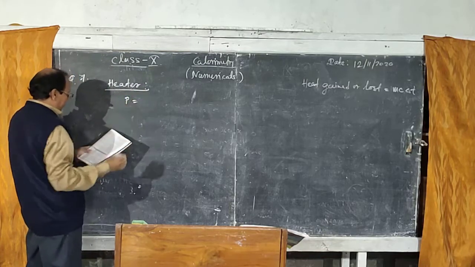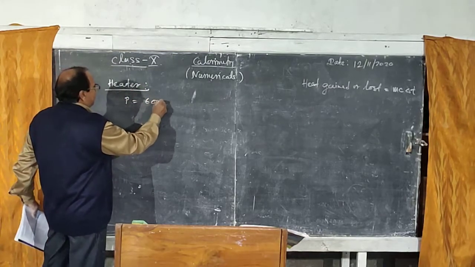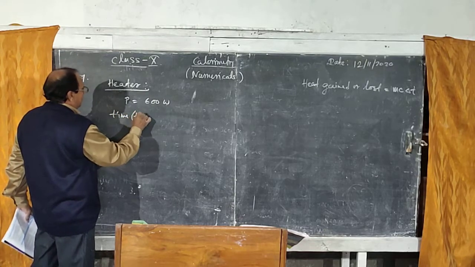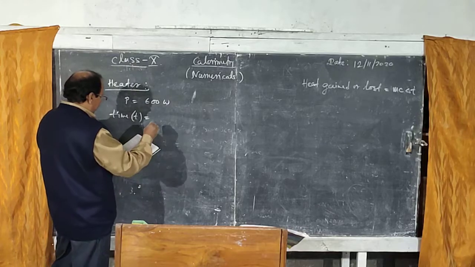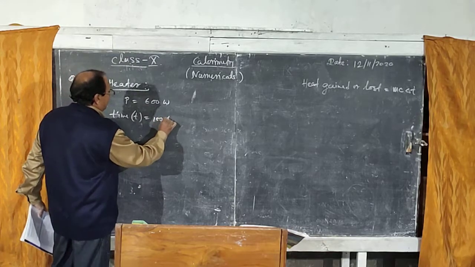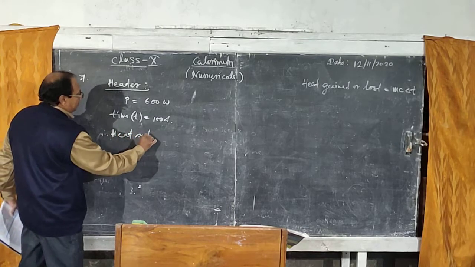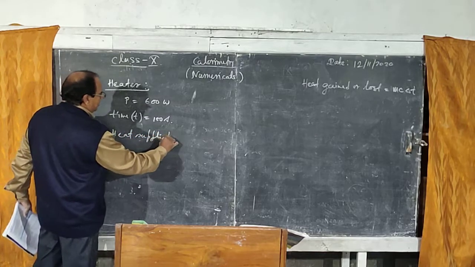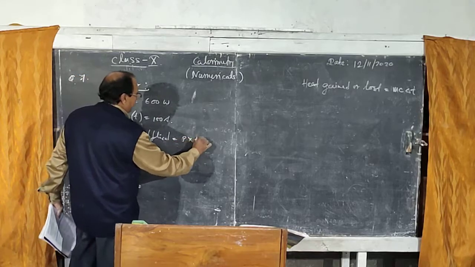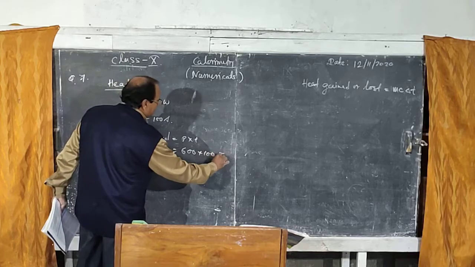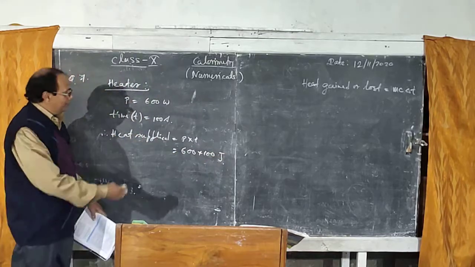Power equals 600 watt and time is given here, 100 seconds. So that means we can say heat supplied equals P into T, equals 600 into 100 joule. You can calculate, otherwise you can leave it as it is.